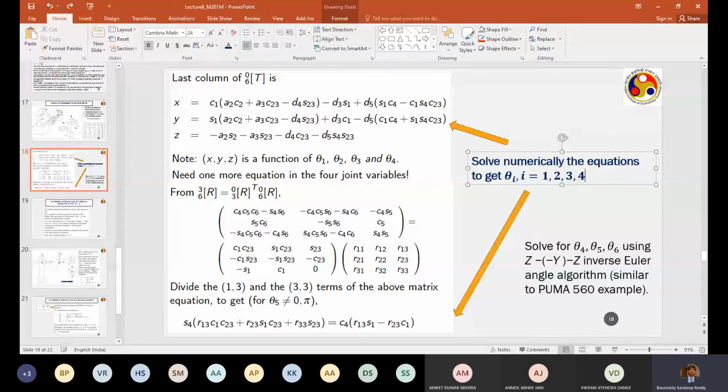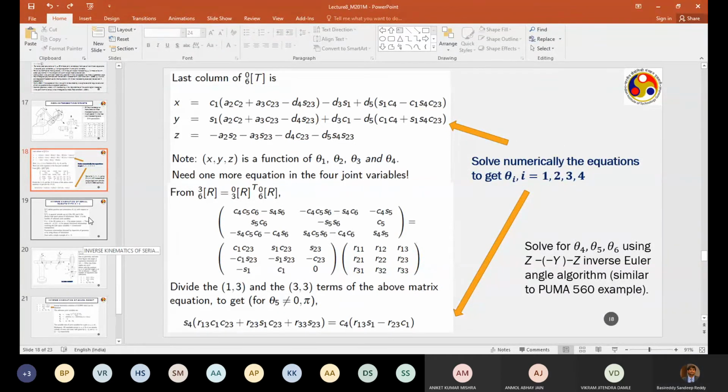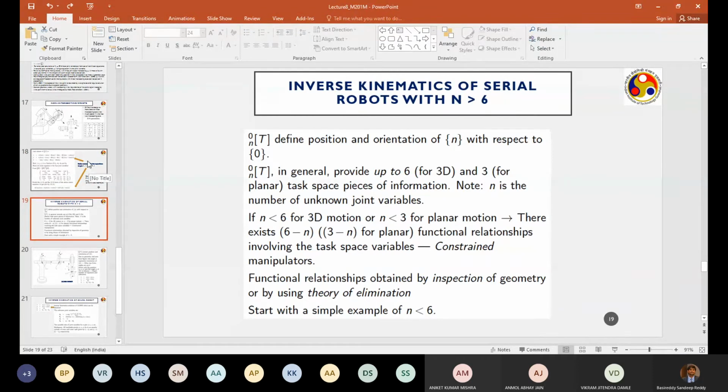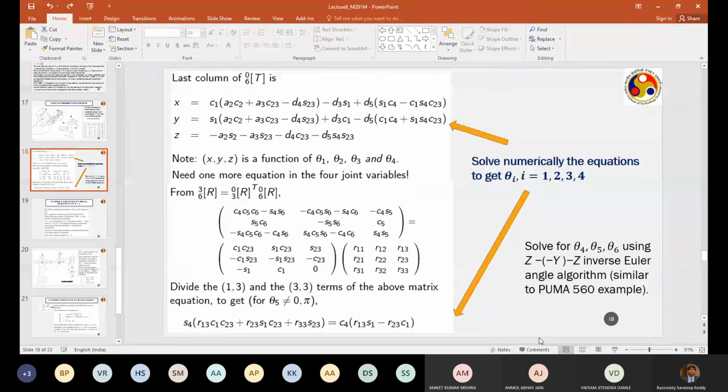If you want to do it in MATLAB, you have to do it using something like fsolve. Let me just see if I can open this. It is still opening. Yeah, so far so good.